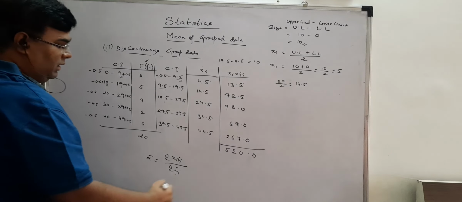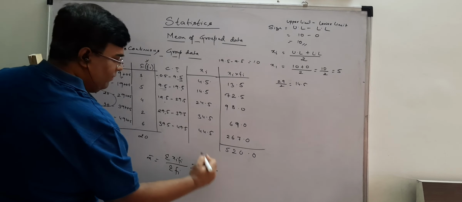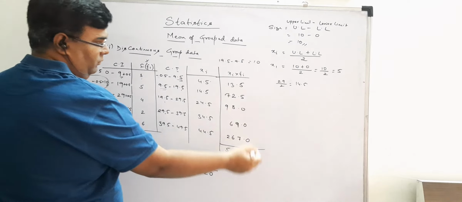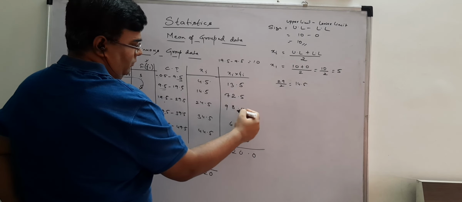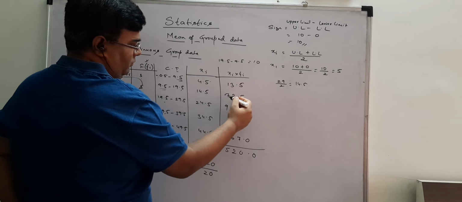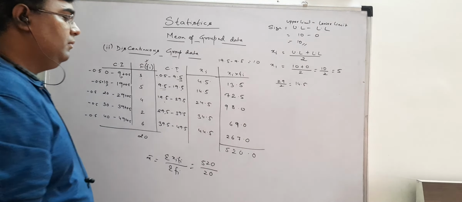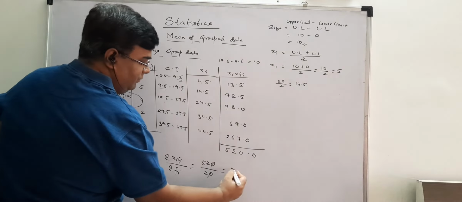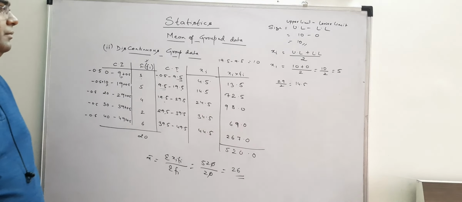So my mean will be 520 by 20, so it will be 26. Clear?